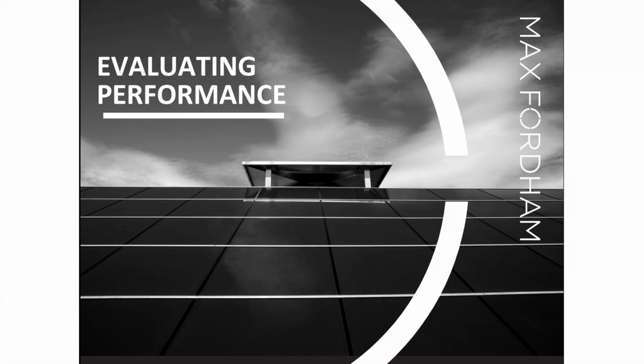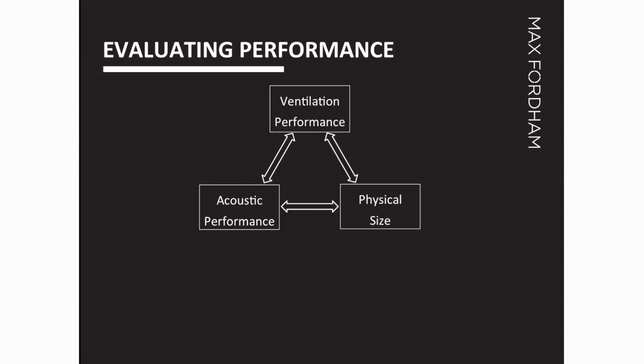So how do these different solutions compare? Again, we need ventilation performance, we need acoustic performance, and we need the physical size, either minimize it or define the shape of the attenuator in a way that is sympathetic with the architecture.